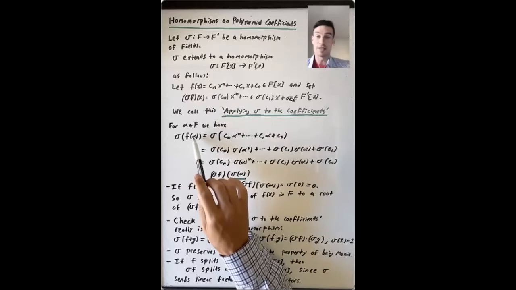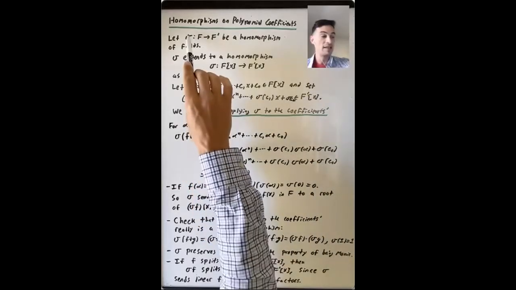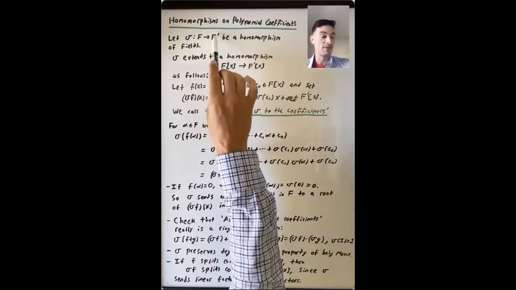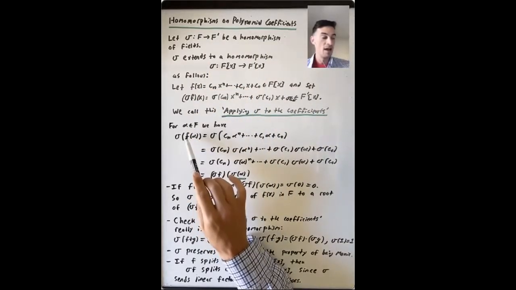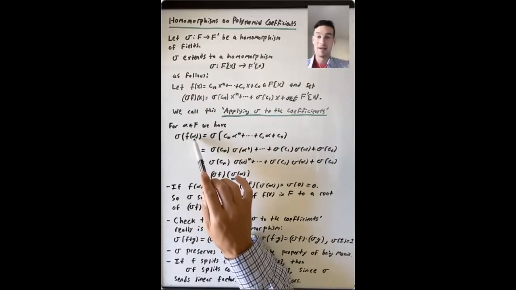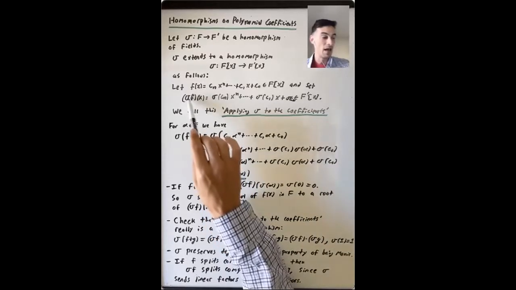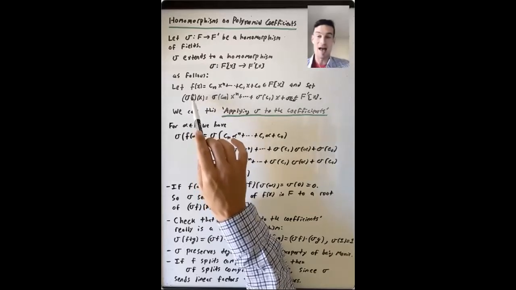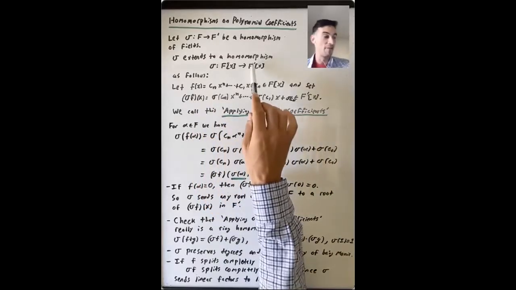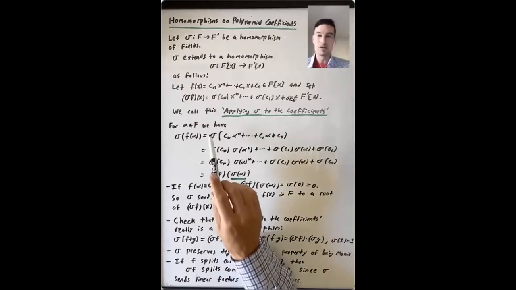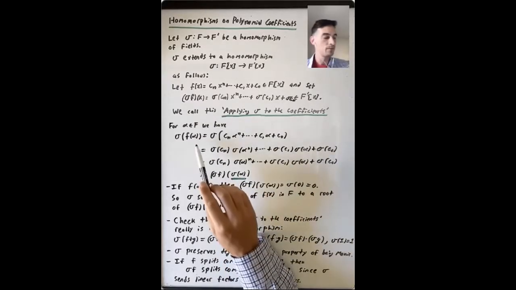So f(alpha) is some element of F. So we can apply sigma to it, sigma being this homomorphism from F to F', and sigma(f(alpha)) is going to be some element of F'. The question that we want to understand is how this is related to the polynomial sigma of f, which is in F'[x], evaluated somewhere.